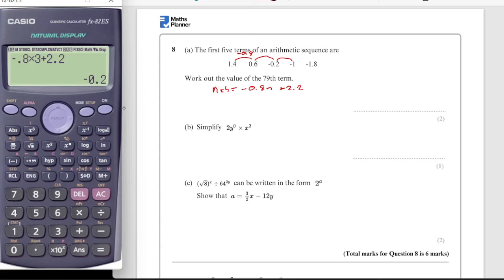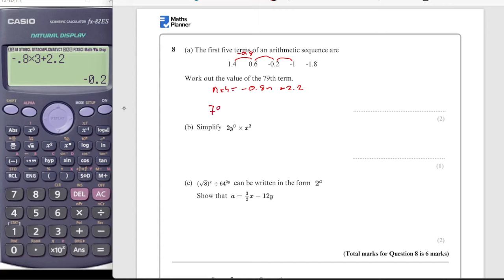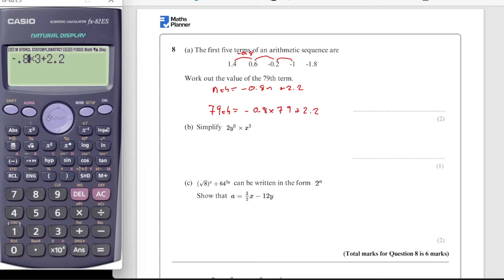So the 79th term is going to be equal to minus 0.8 times by 79 plus 2.2. I'm just going to replay, and I'm going to change my value there to 79. Okay, so I get minus 61. Just double check what I've typed in there.